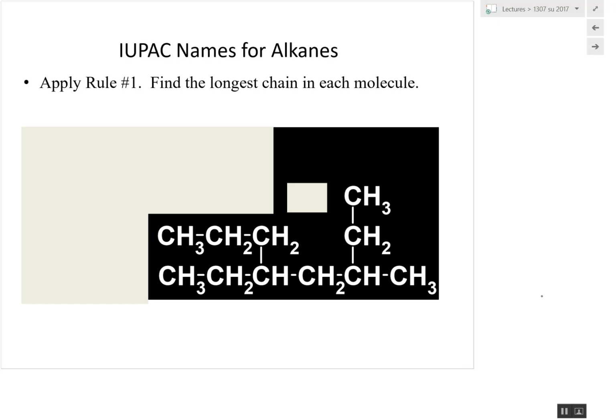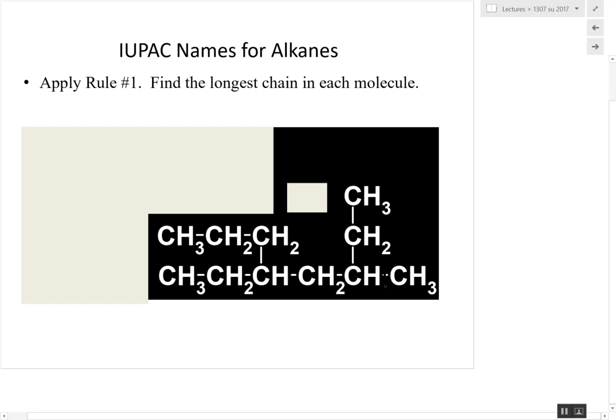Let's see. If I put my finger down here, there's 1, 2, 3, 4, 5, 6, 7, 8. I can't pick these up because this is a substituent, and that is a substituent.